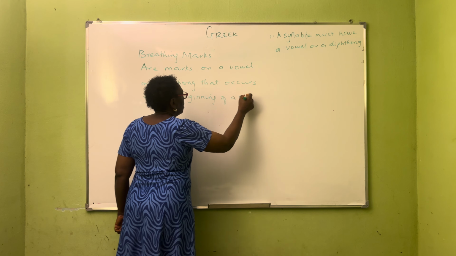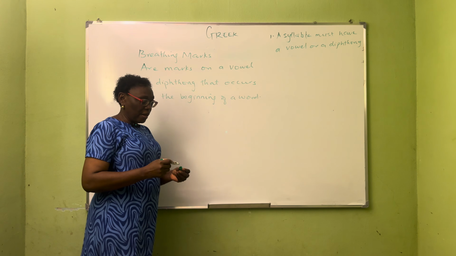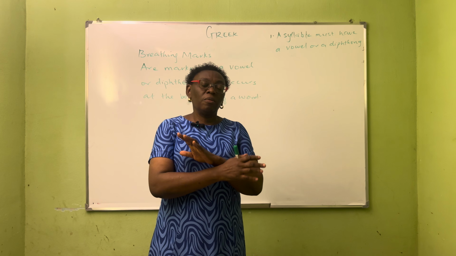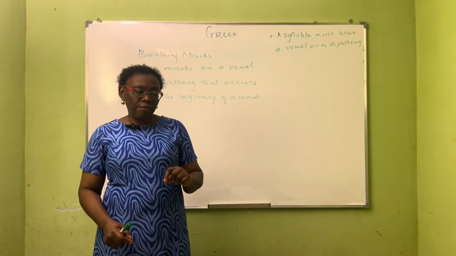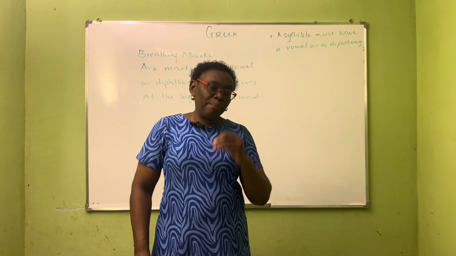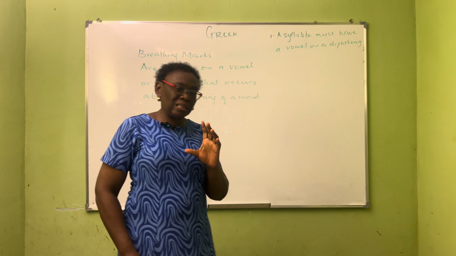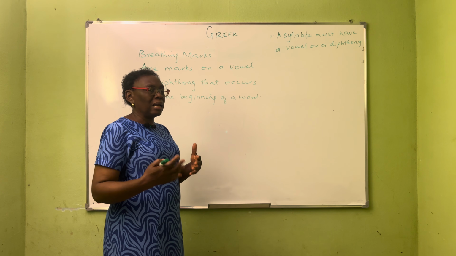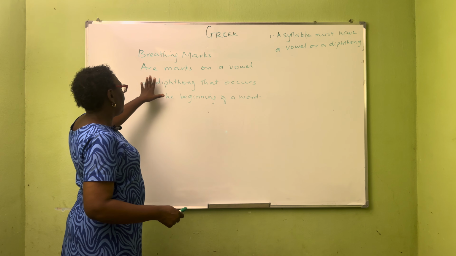Most of the time, you will find these breathing marks on vowels. However, rho, which is a consonant, can also bear a breathing mark. It's the only consonant we found that can bear a breathing mark.